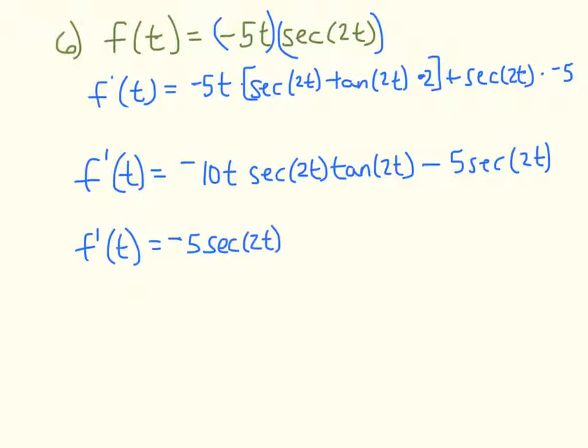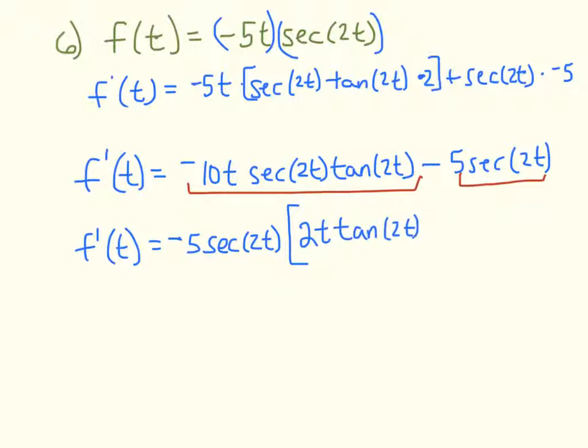And that would be from the left-hand side and the right-hand side of my parentheses, okay? And so what would be left then inside? Well, I would have 2t, my secant 2t would be gone, but my tangent 2t would be there.